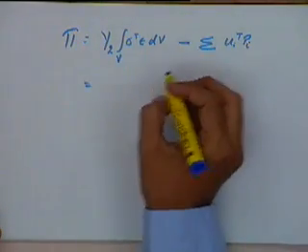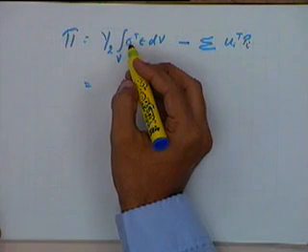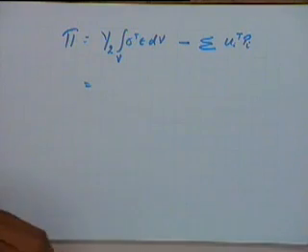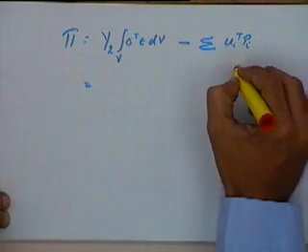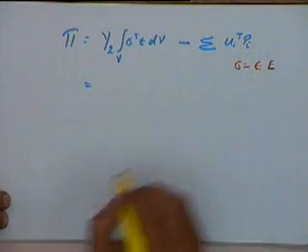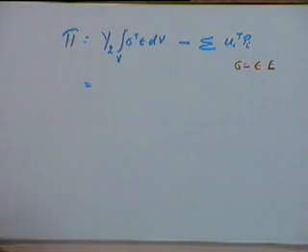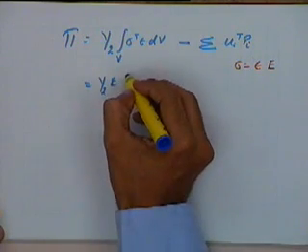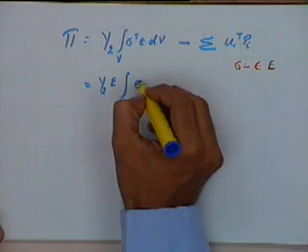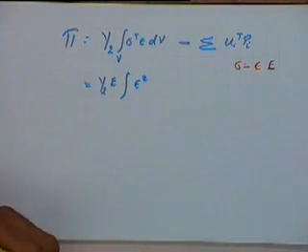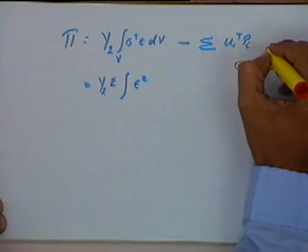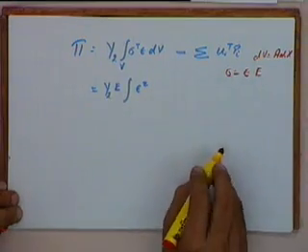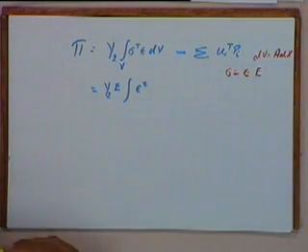Since it is again a one dimensional case, sigma is equal to epsilon into E. So we will use that over here and we will get half of E, which is a constant, multiplied by epsilon squared. Then dV will be equal to A times dx, as we will assume this rod to be of uniform cross section.